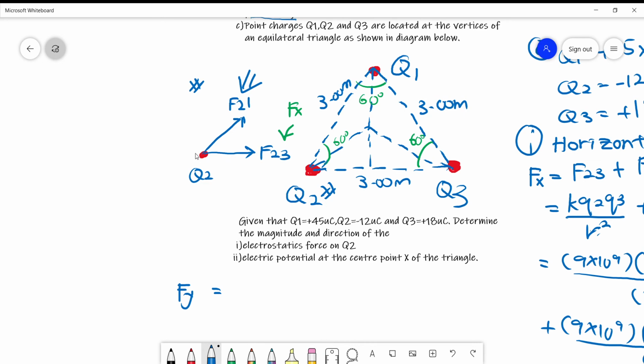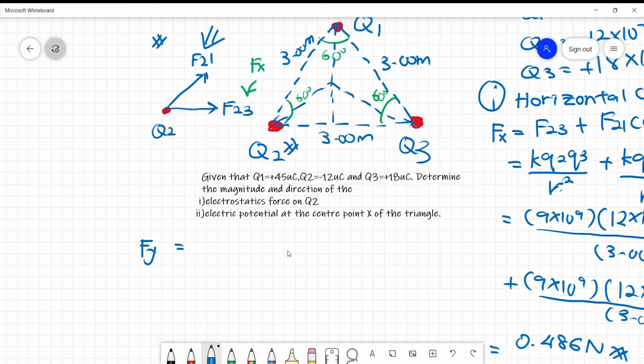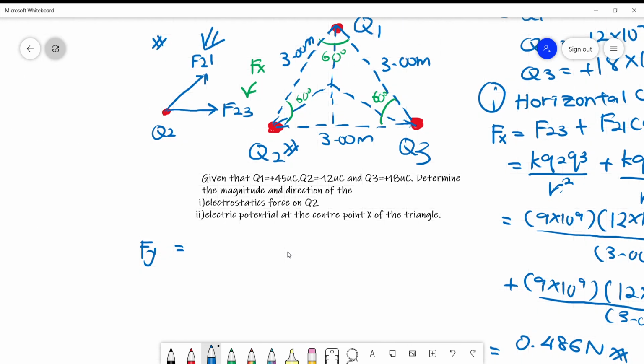So my F21, the vertical force for F21 is actually the F21 sine 60. This will be the vertical force. Okay, so my KQ2 Q1 divided by R squared sine 60.